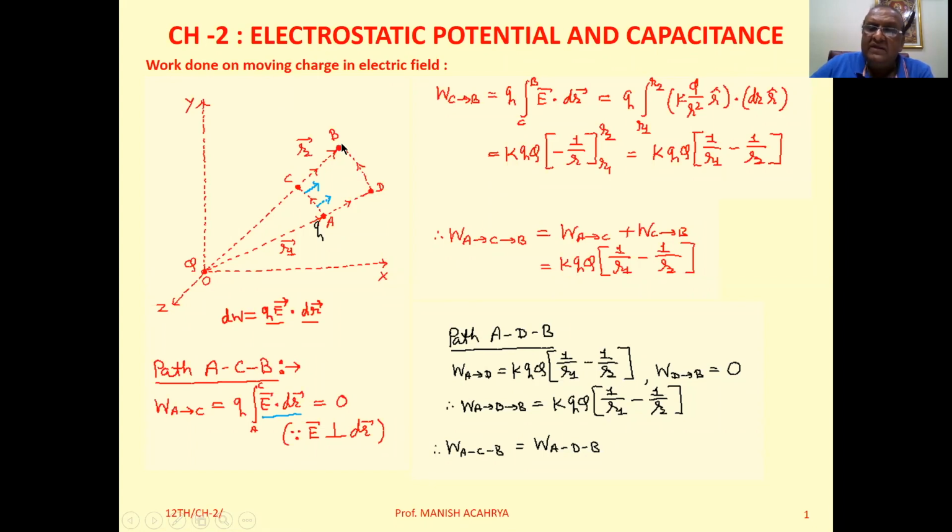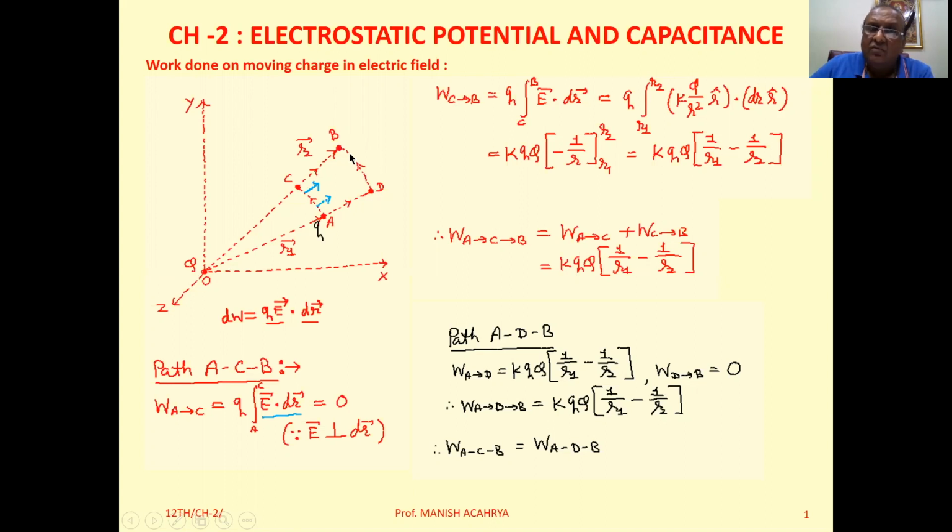Now D to B. What we calculated earlier for A to C, that is the curved path. It is an arc with radius R1. Similarly, D to B is an arc with radius R2.